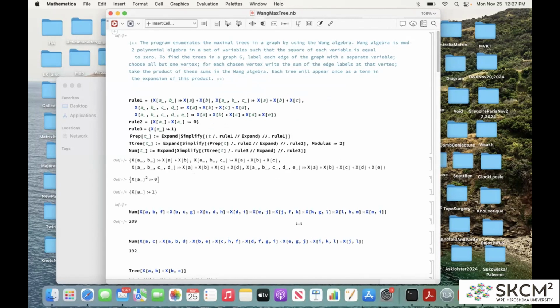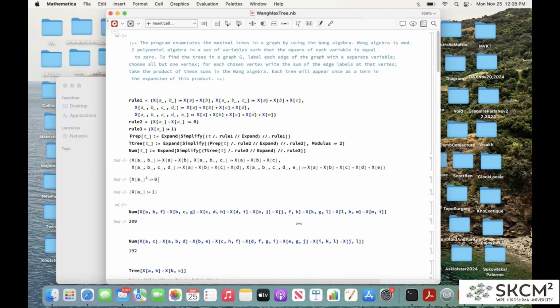In the computer, I have a vertex with 2 things coming out of it, a vertex with 4 things coming out of it, a vertex with 5 things coming out of it. I don't know why I didn't put a 3. Oh, I did. 1, 2, 3, 4, and 5, so that I can write symbolically, this is some vertex, A, B, F, like that. And then it will turn it into the sum of the vertex names.